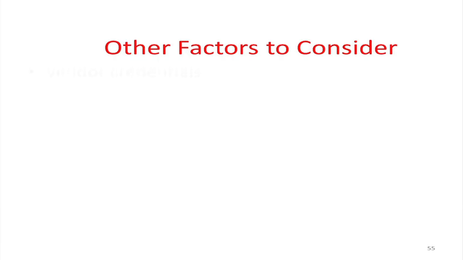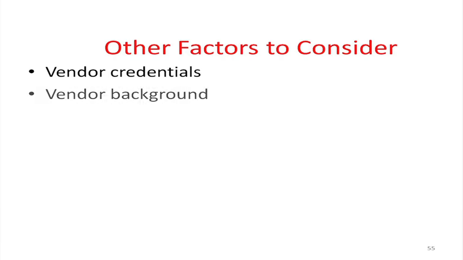Other factors that need to be considered: if you are going to outsource a program, you look into the vendor's credentials, look into his credibility, whether that particular organization has offered this kind of program, what the feedback was, and what the various characteristics of the vendor are in terms of background, and the knowledge and skill base that people have in that organization.